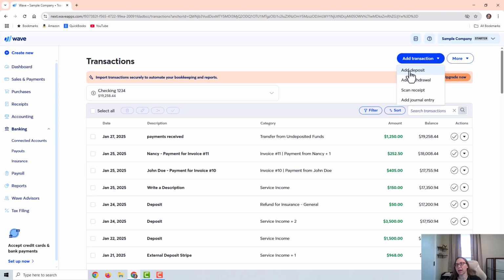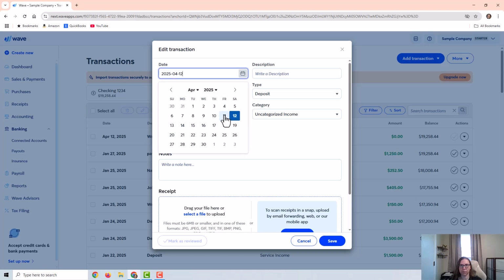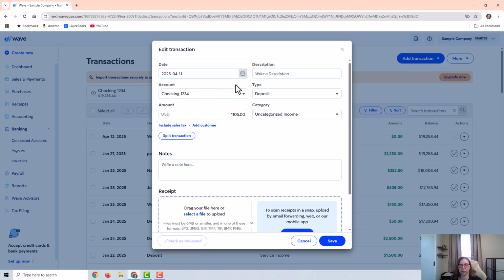I'm going to have to add this deposit manually. And I'm going to have a deposit for the net amount after the processing fees. So let's say it's $11.05. I would put the date of the actual transfer or deposit from PayPal. I might put a description that says that.